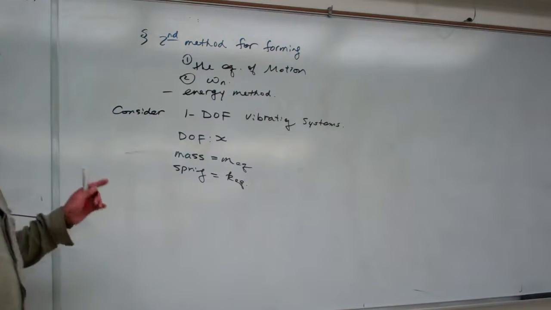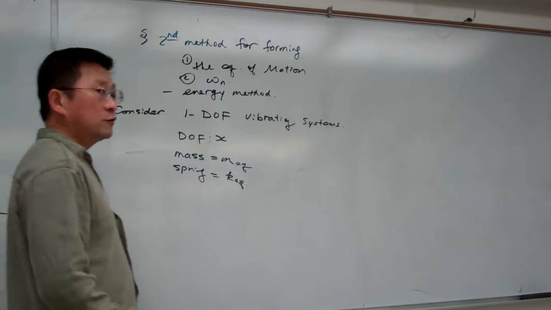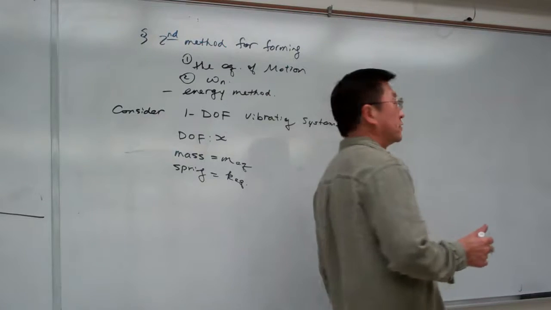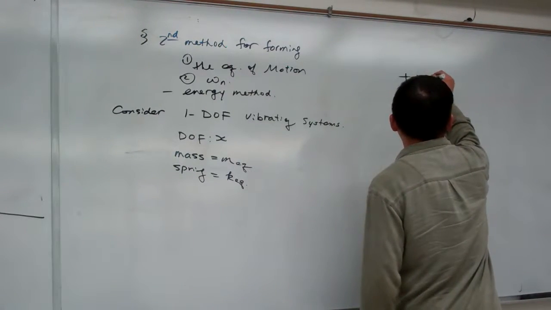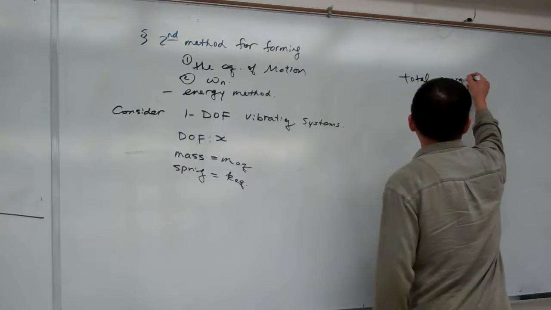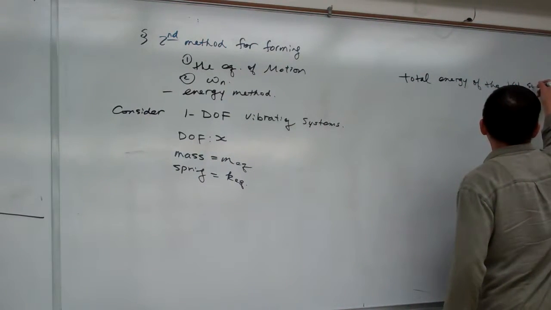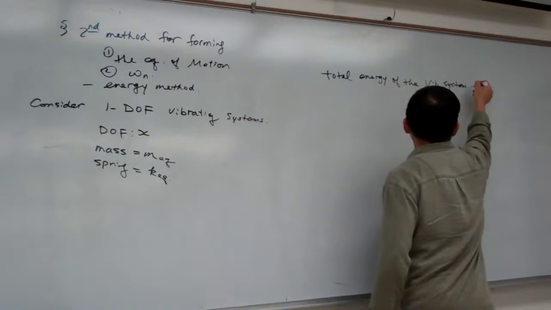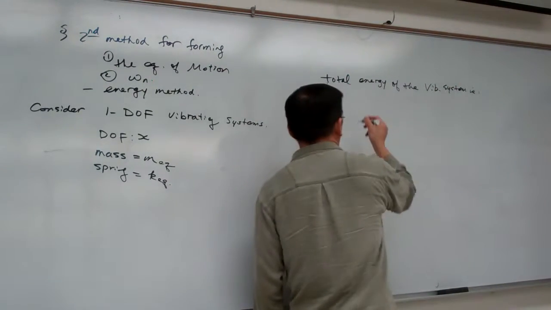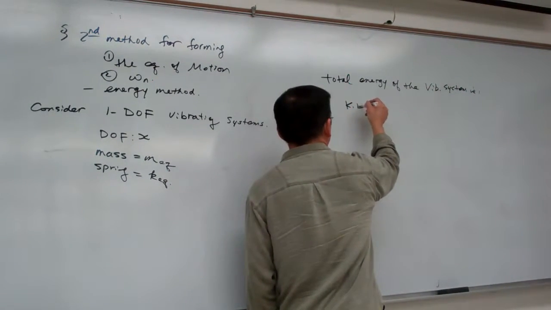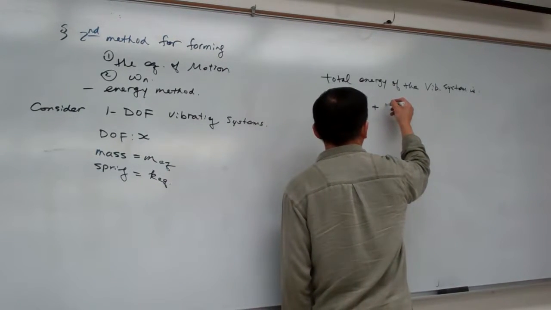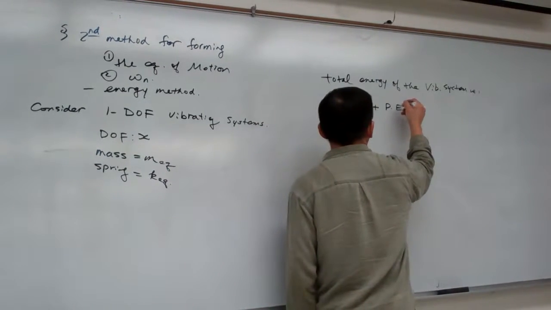Okay, so with this information, we can begin to formulate the total energy of the system, and that is a summation of the kinetic energy plus the potential energy.